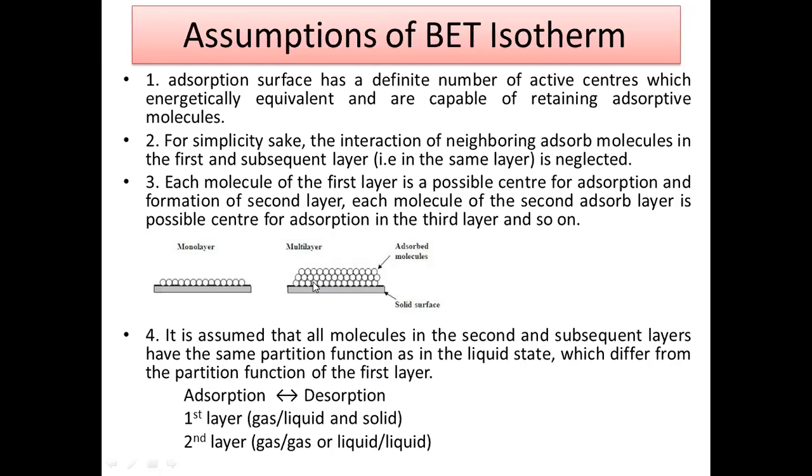So how many molecules of the first layer are adsorbed, and then they are partitioned with the second layer. And similarly, what would be the partition function of the second layer?